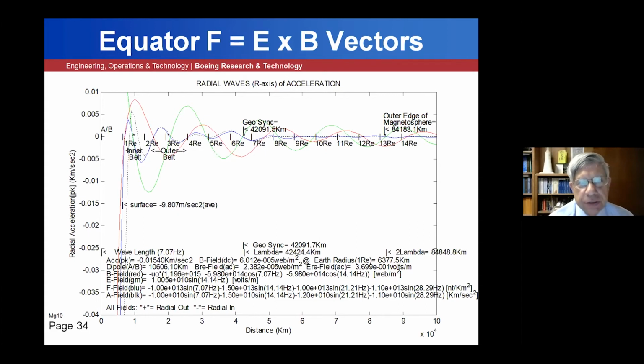The red is the fundamental B frequency superimposed on it, and the blue is the E cross B, which is the force vector. Now you take a look at the force vector versus the empirical equation from part one, and you see it lines up almost perfectly.